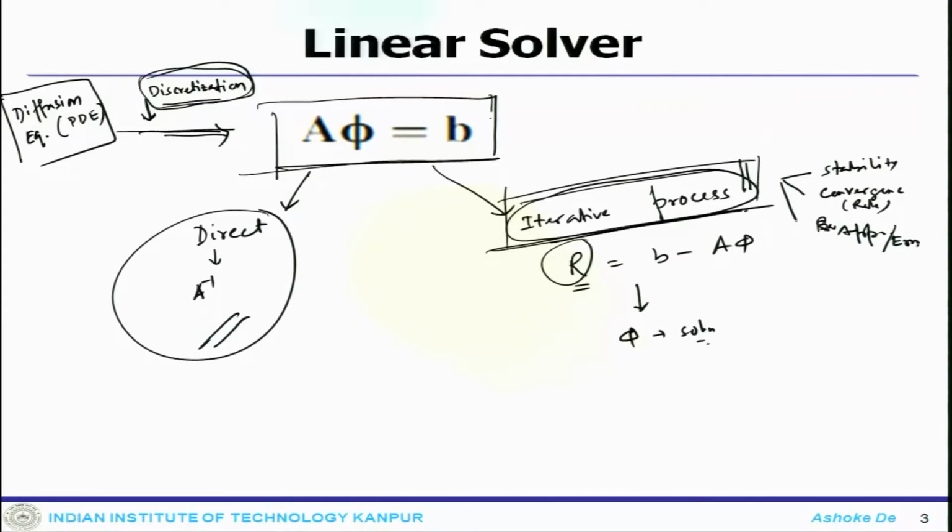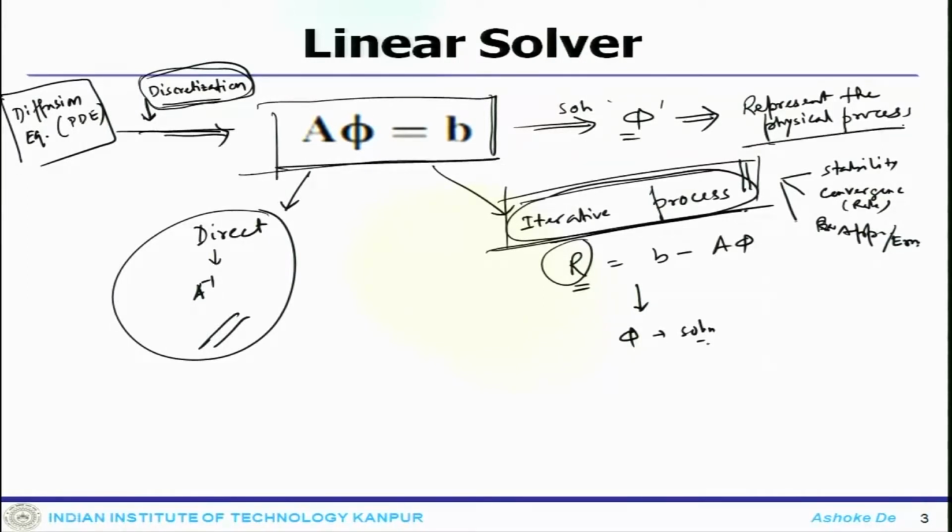Once you get a linear system, you need a solution, and solution only gets you the variable phi. So, in every node of the domain you can get that, and that can represent the physical process. So, that is how it closes the loop.